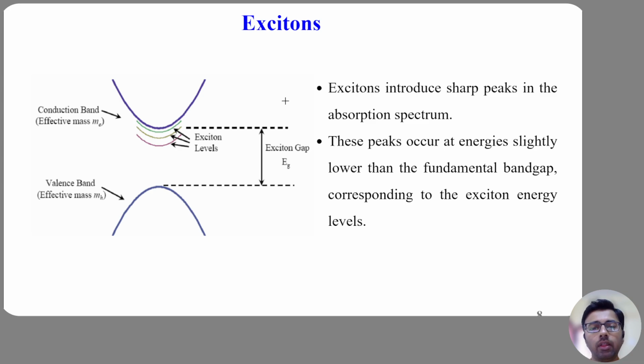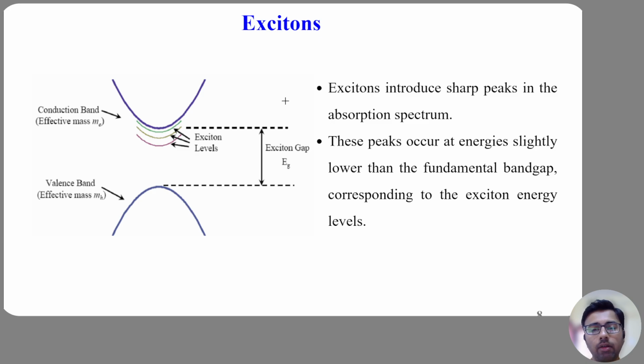The energy difference between these two bands is the band gap energy, denoted as Eg. If electrons and holes were completely free, absorption would occur exactly at this band gap energy. However, excitons change this picture.